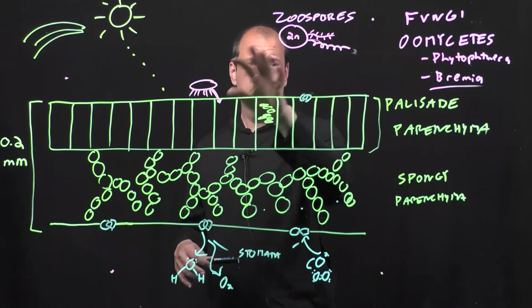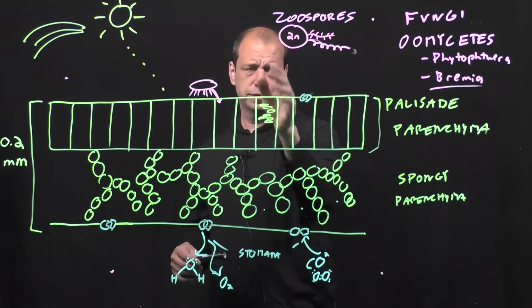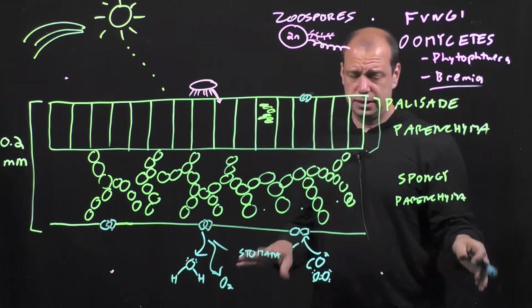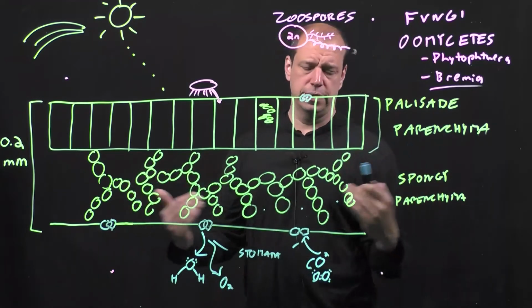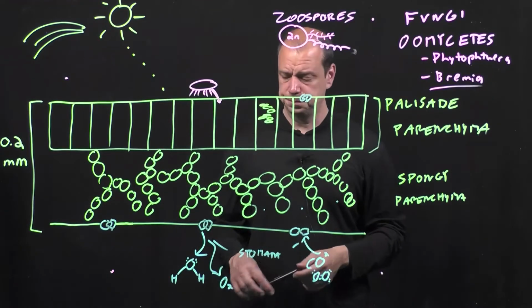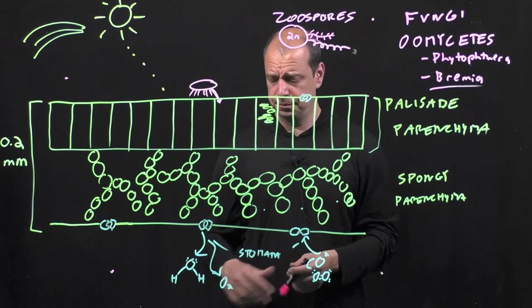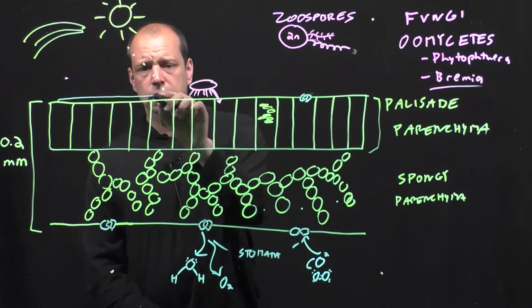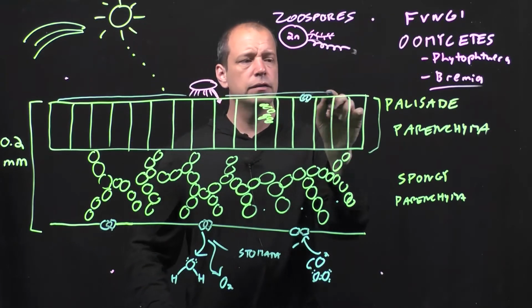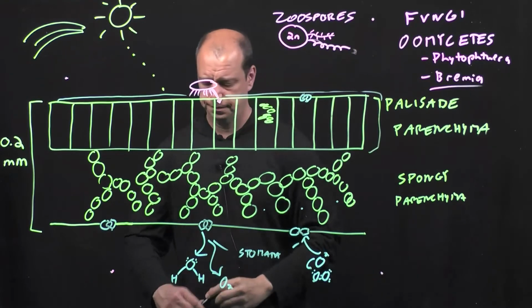You have many spores, zoospores or fungal spores, resting in the soil, and they splash up from the soil onto the stem or onto one of the lower leaves of the plant. And because it is raining, there is a thin film of water on the surface.